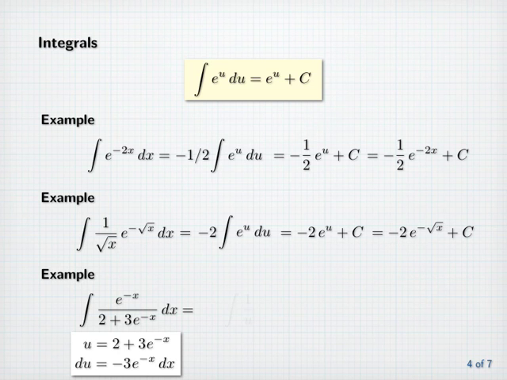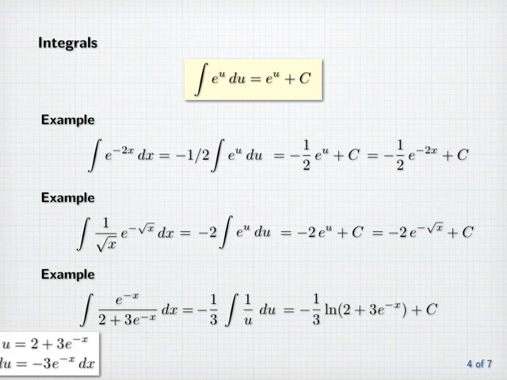So our integral becomes the integral of 1 over u times e to the minus x dx, which is equal to minus 1/3 of du. So we have minus 1/3 of the natural log of the absolute value of u plus c. Now replacing u with 2 plus 3 e to the minus x gives us our final result. Notice that we don't need absolute values here, since the quantity inside the logarithm can never be negative.